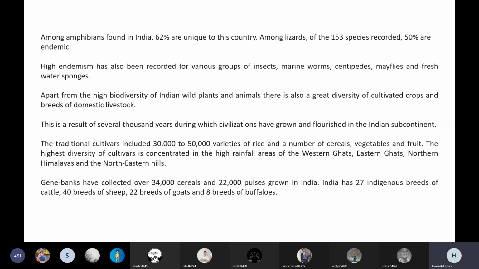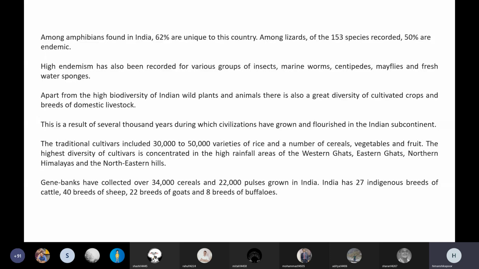If we come to the gene banks, then gene banks have a collection of around 34,000 cereals, 22,000 pulses which are grown in India. And India has 27 indigenous breeds of cattle, 40 breeds of sheep, 22 breeds of goats, and 8 breeds of buffaloes.